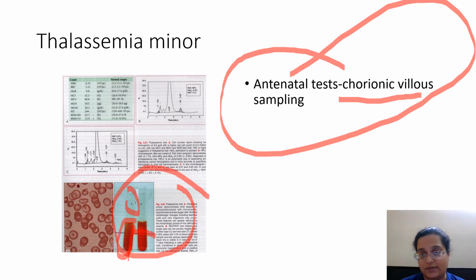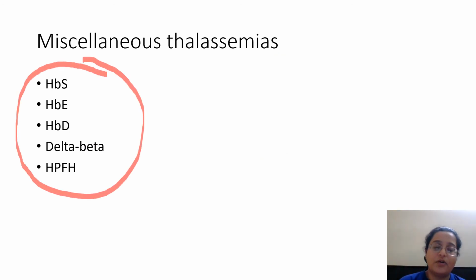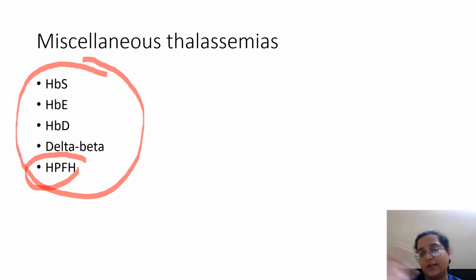Of course, these are various different forms of heterozygous hemoglobins with beta thalassemia. One very important point I want to tell you about HPFH is that persistent fetal hemoglobin gives a very early peak in the HPLC graph.